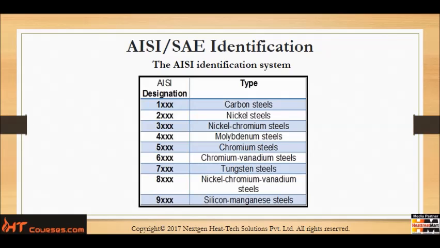The designations are numeral designations, and for example 1XXX means it's a plain carbon steel. In other words, if you were to see a steel that said 1001, it would mean it is a plain carbon steel, nothing has been done to it, and it has 0.1% carbon.